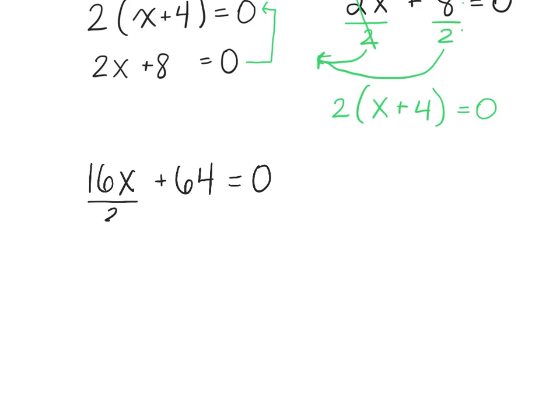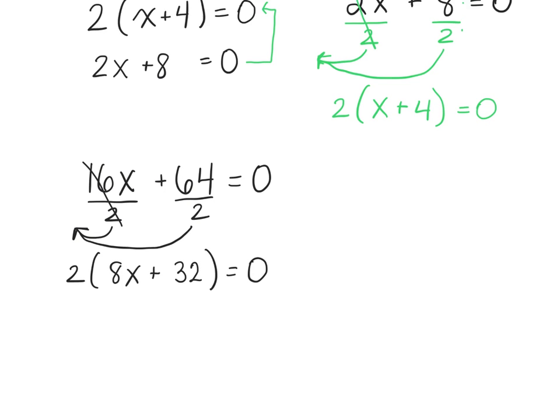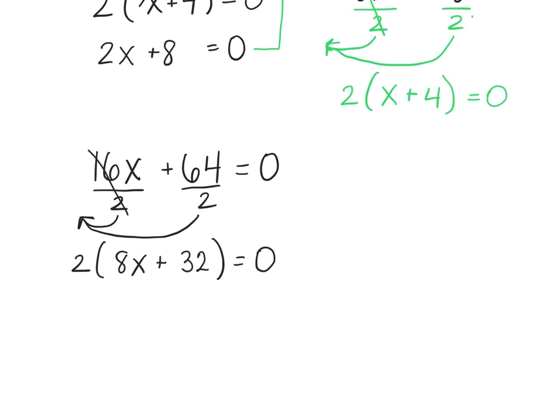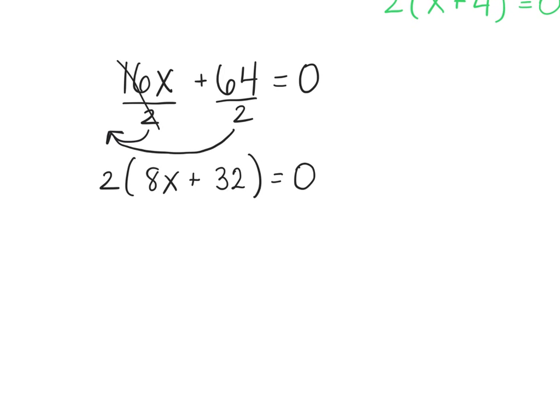So let me start there by removing a 2 from both of these terms. So we could have 2 times, 16 divided by 2 would give me 8x, and 64 divided by 2 would give me 32, equals 0.